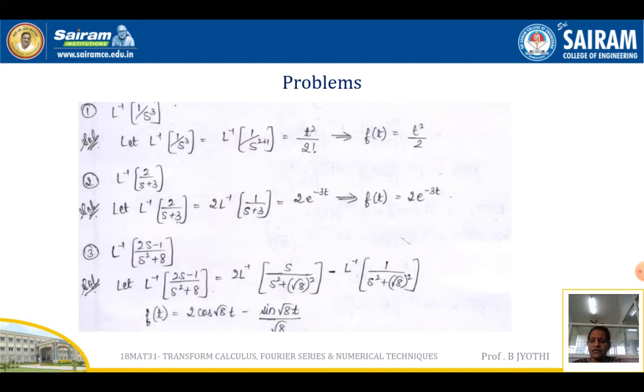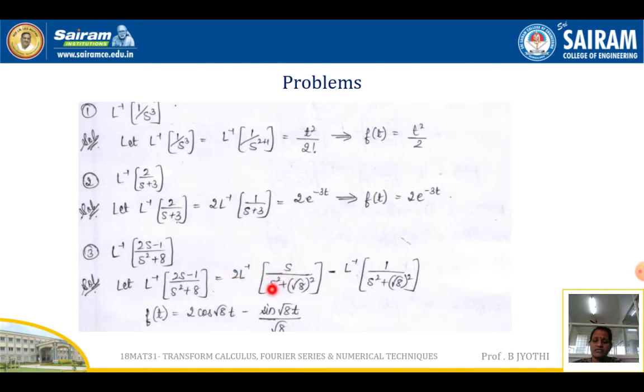Next, 2s minus 1 divided by s square plus 8. For this type of problems, we should segregate the numerator separately, 2s by s square plus 8 and 1 by s square plus 8. And while segregating, apply the linearity property so that 2 can be taken outside.